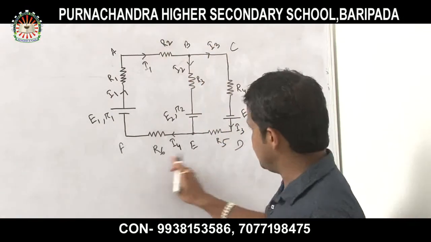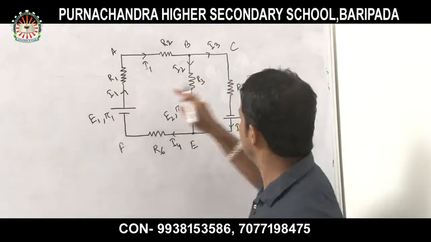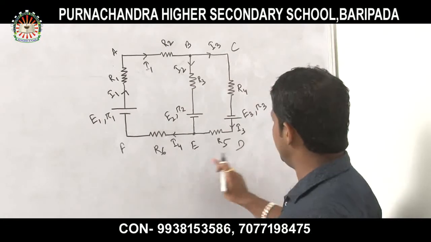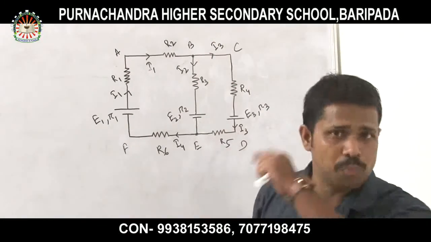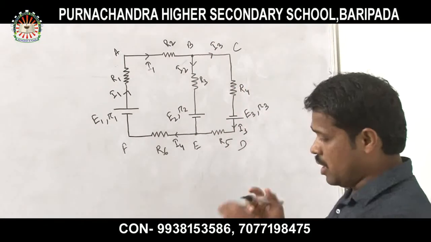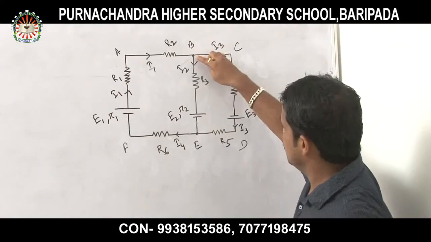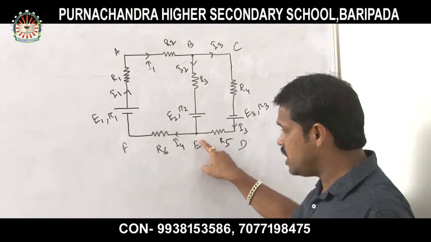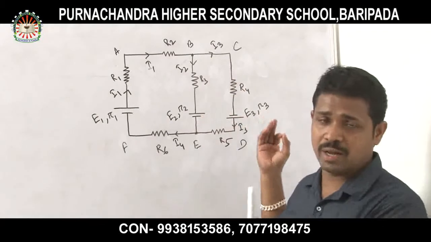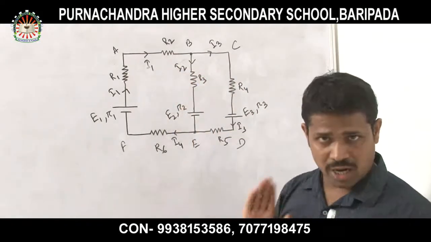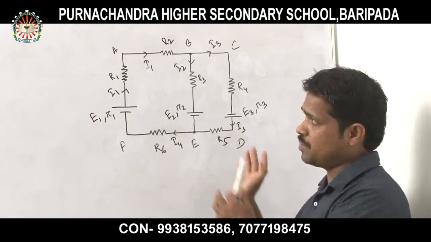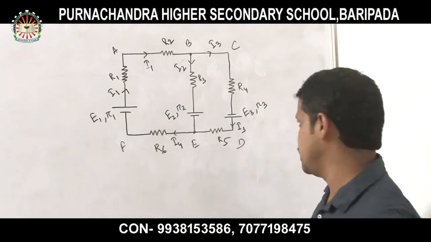A, B, E, F, A is a loop. B, C, D, E, B is a loop. As B and E are junctions, we can apply Kirchhoff's current law there, but we need not discuss that here, as we already discussed it in the previous video lecture.